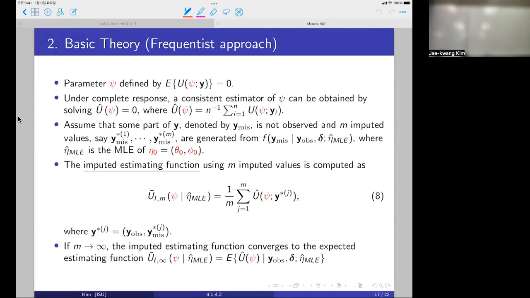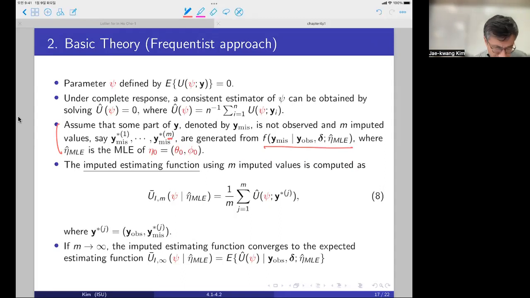So this third step is actually the imputation step, right? Because it's a Monte Carlo approach, let's use M Monte Carlo samples from this distribution and evaluate the MLE.